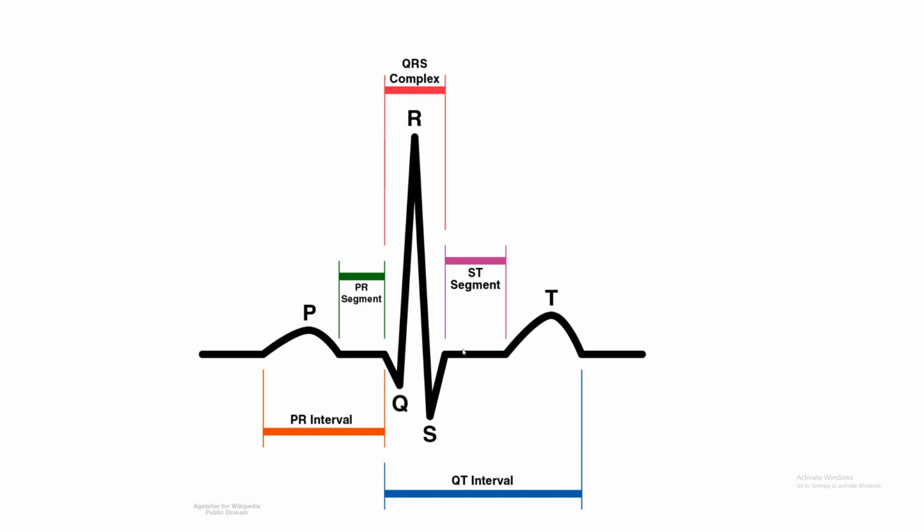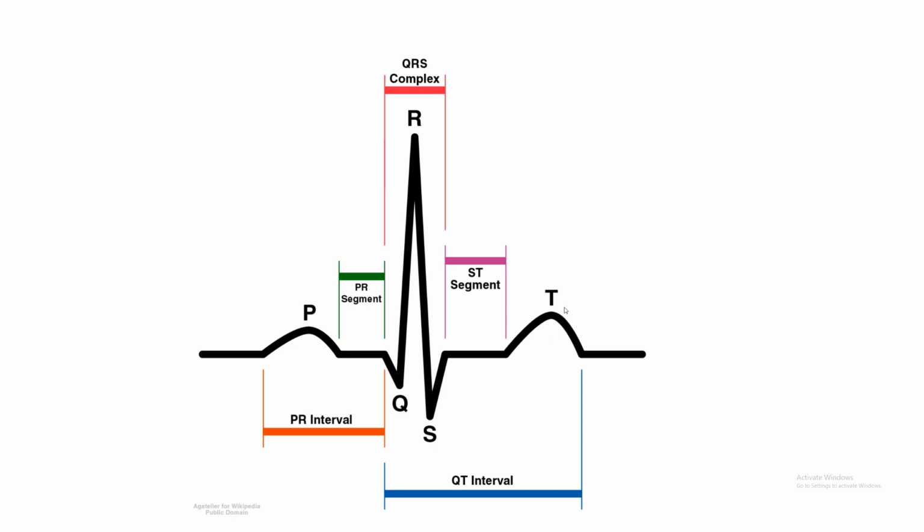And then as far as your QT interval, the normal length is 0.44 milliseconds for a man and 0.43 milliseconds for a woman. So your QT interval should be at least shorter than that, right?